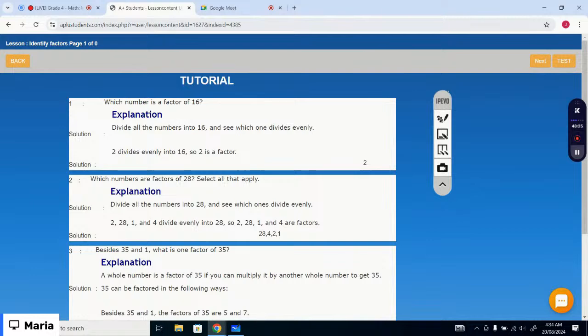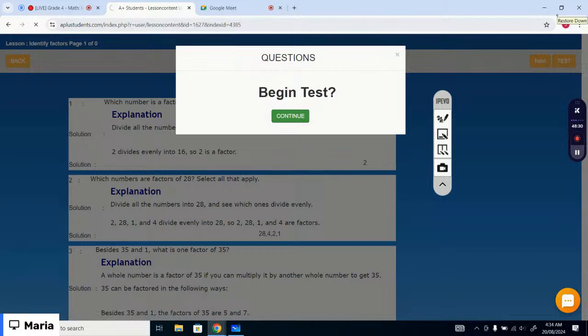So which number is a factor of 16? You're not given the options here. Leave it. Let's just start with the test question so that you can understand.